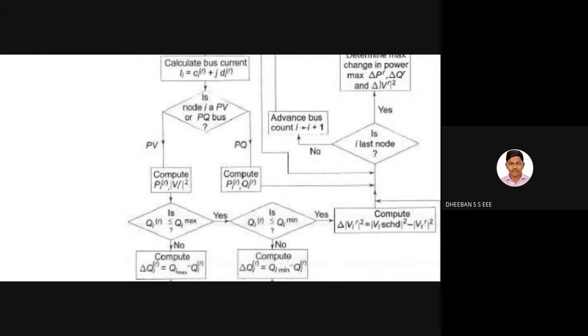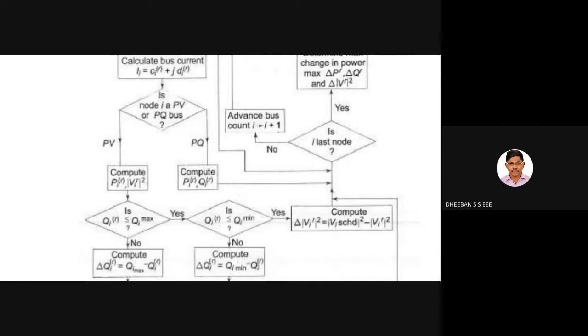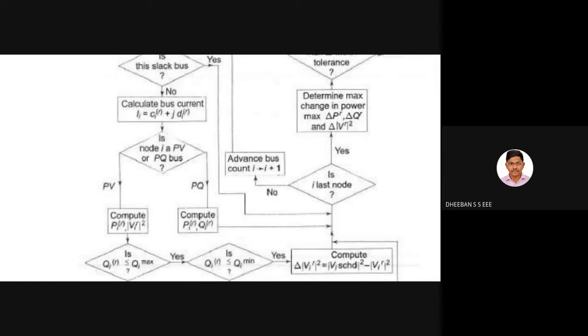If it is a PQ bus, we calculate the voltage and del. The values P and Q will be given, and then you move on. So the second bus is over, but the system is a 3 bus system. The first bus we select as the slack bus, and the second bus, a PQ bus, we have already found. So next you move towards the third bus in the system.